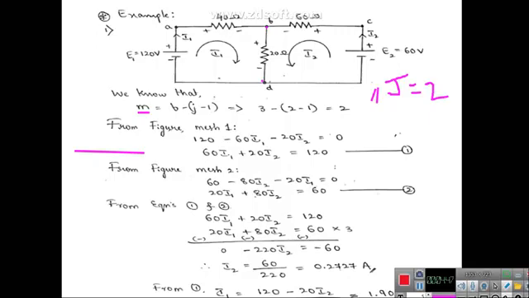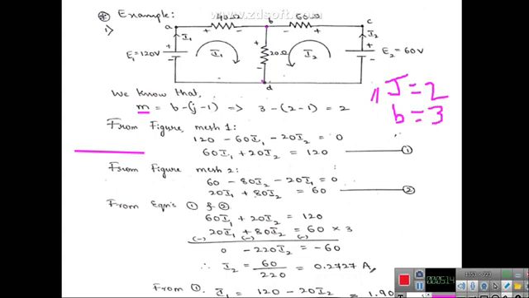Similarly, the 60 ohm resistor and the 60 volt source are also connected in series across these junction points. This is another branch. The next one is between B and D, where only this element is connected, so this is also a branch. Therefore there are 3 branches, so b is equal to 3.